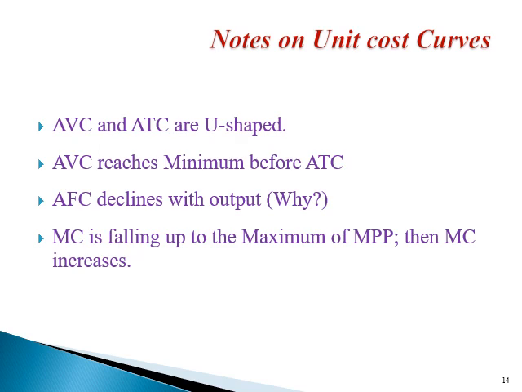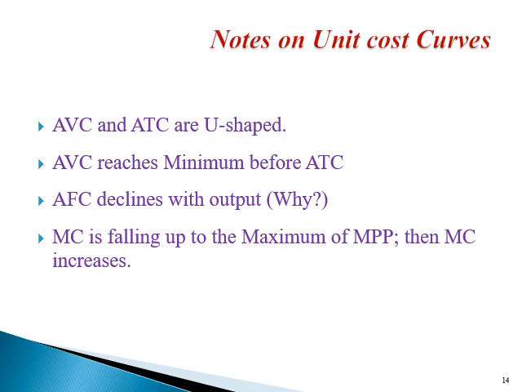Average variable cost reaches its minimum before the minimum of average total cost, which means that the level of output at which average variable cost reaches its minimum must be less than the level of output at which average total cost is at its minimum. Average fixed cost declines all the way as the level of output goes up.